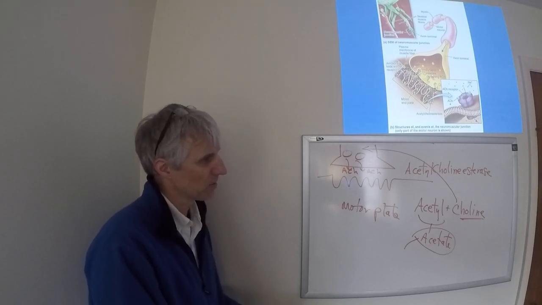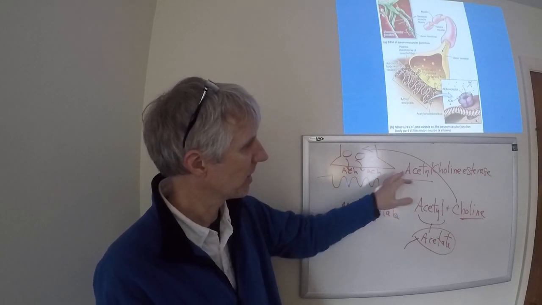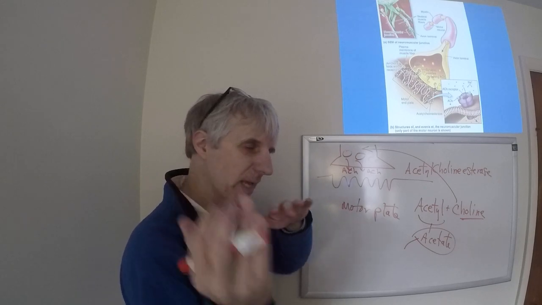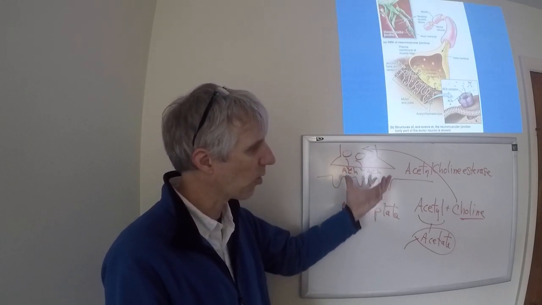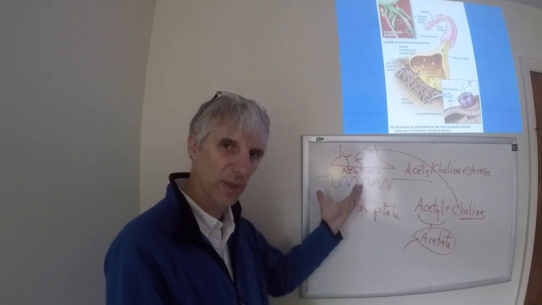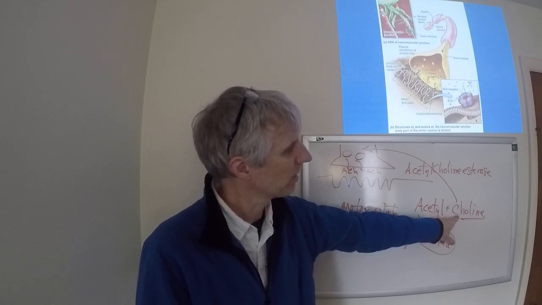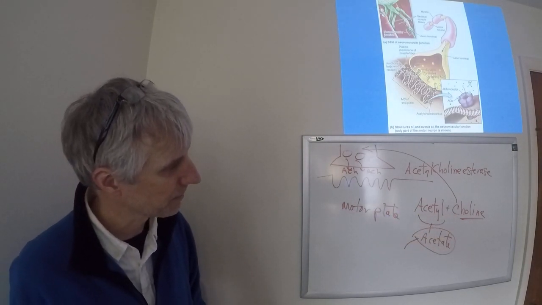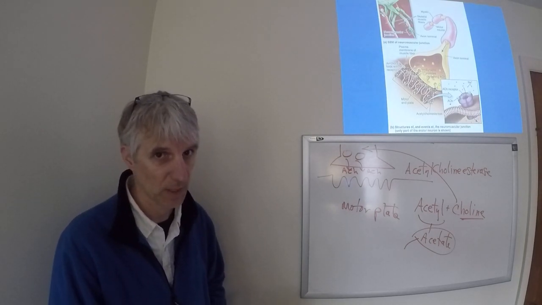Okay? So the idea here is once the acetylcholine is released, it binds to receptors, but the acetylcholinesterase is trying to take apart that signal as fast as it can so that you don't keep overstimulating the muscle with information. The acetylcholine gets broken up, you recycle part of it, and you burn up the rest of it through a cellular respiration process. Okay? All right.